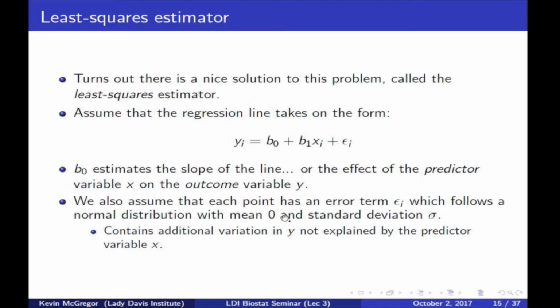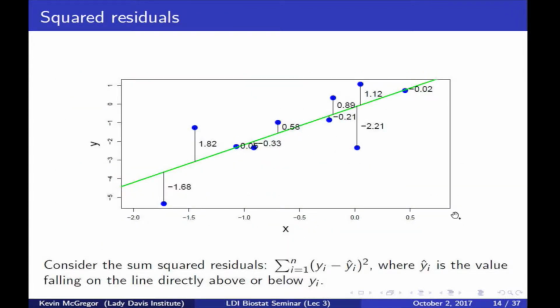And we assume that each individual's error term has a constant standard deviation, equal to sigma. So that's an important assumption, and all it means is that as we look at how the points fall around this line, the variation of the points above and below that line does not change as we change our x variable.